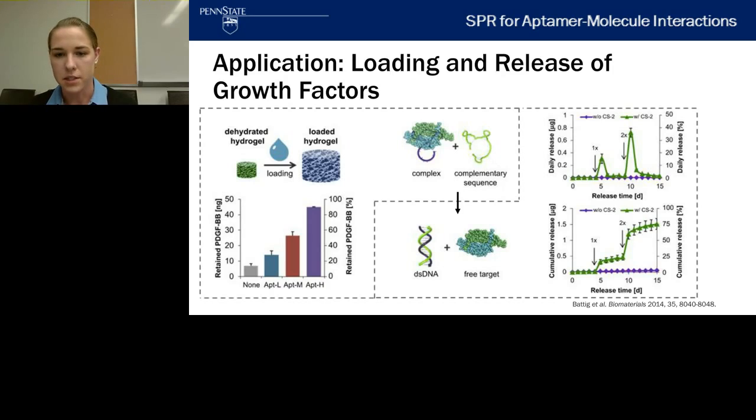And this is a sequence-specific and dosage-specific release. So we can see that when 1x amount of our complementary sequence is added, the release is only half of that of a 2x dosage. And this can be done at multiple periods of time to release the PDGF-BB on demand.